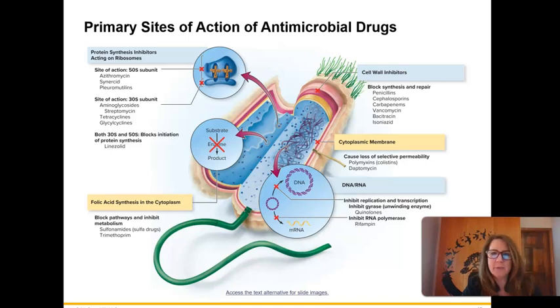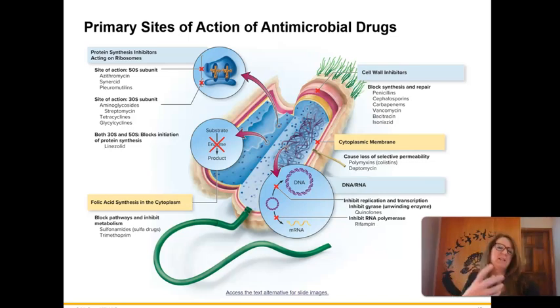I believe the last thing we needed to touch upon on this figure was how the antimicrobial drugs can affect DNA and RNA. So you can see here in this lower part of the figure, lower right-hand side, that we have medications like the quinolones that can inhibit replication and transcription. And they can inhibit what we call gyrase, which is an unwinding enzyme associated with DNA replication.